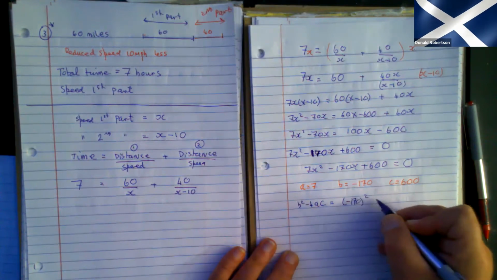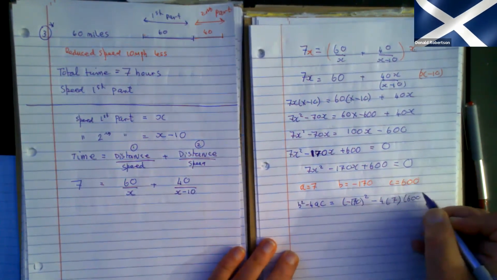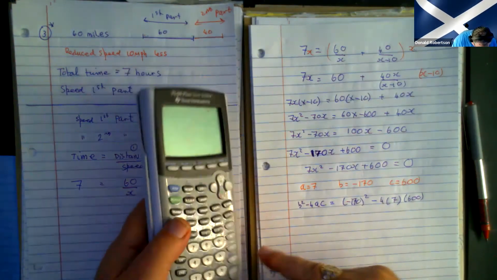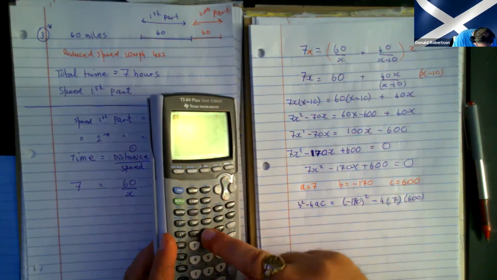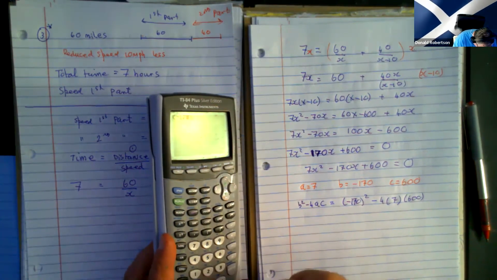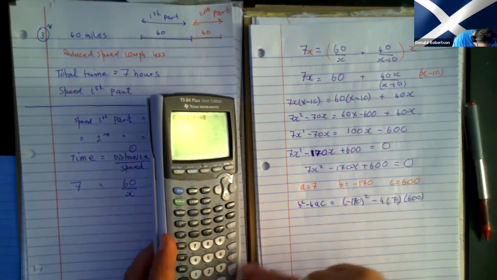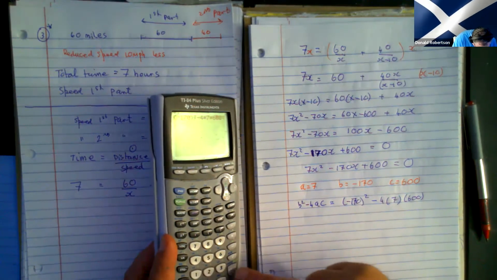Negative 170 squared, take away 4 times 7 times 600. So on our calculator, put a little bracket around it, negative 170 squared. Take away 4 times 7 times 600.